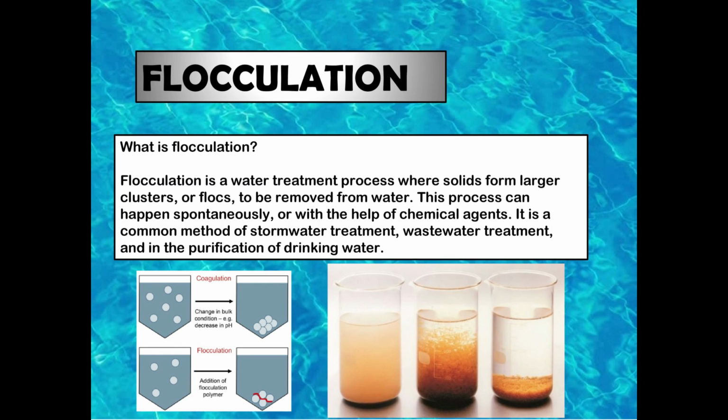Firstly, what is flocculation? Flocculation is a water treatment process where solids form larger clusters of flocs to be removed from the water. This process can happen spontaneously or with the help of chemical agents or flocculants. It is a common method of stormwater treatment, wastewater treatment, and in the purification of drinking water.